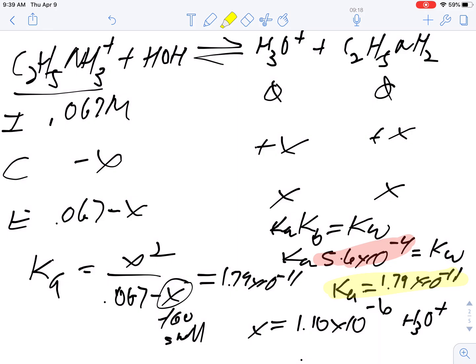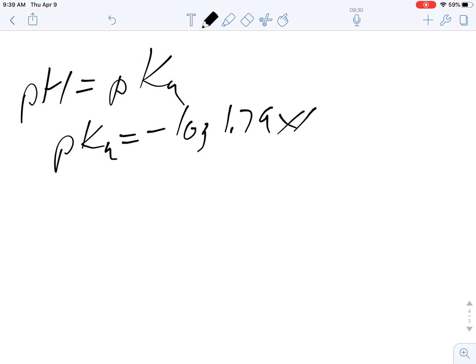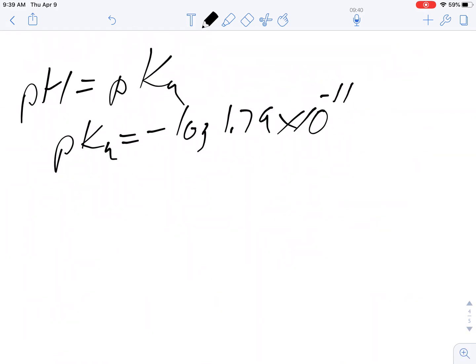So we're going to plug the Ka into the problem. I forgot the power. And there's our answer.